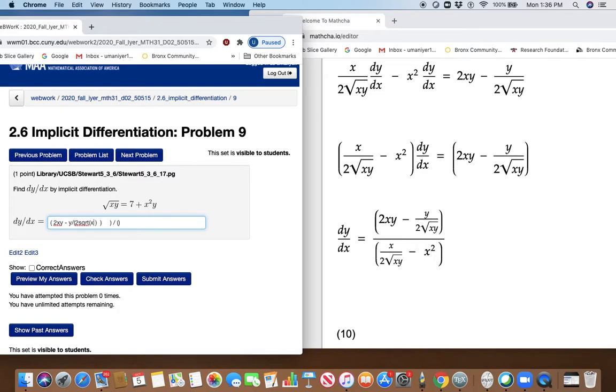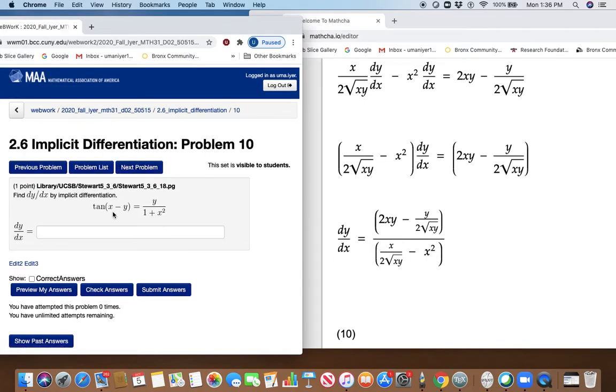That's the numerator. Denominator: x over parenthesis 2 sqrt xy close parenthesis, minus x to the power 2.